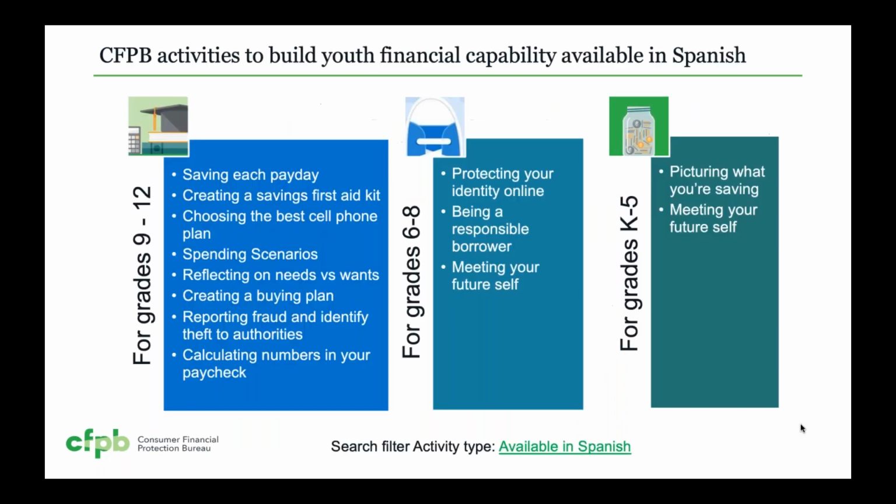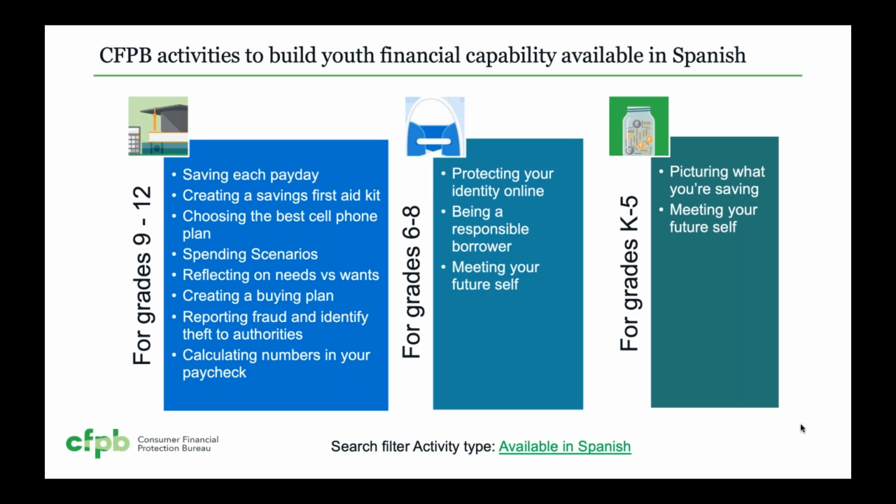One of the things I wanted to point out today is that we've taken 12 of our financial literacy activities and we've made them available in Spanish. We have several for grades 9 through 12. We have 3 available for grades 6 through 12, and we have 2 that are available for the K5 group. And just to, if you ask her, why did we pick these activities?